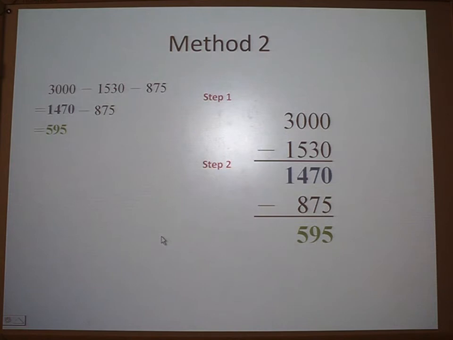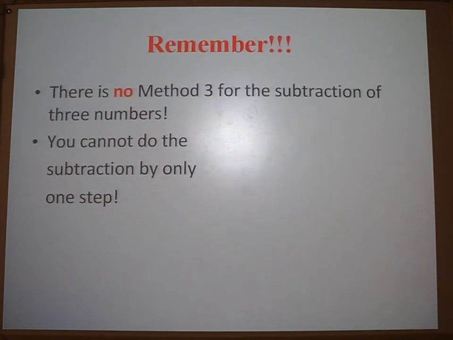So what about method 3? As you remember, there will be a method 3 for the addition of 3 numbers. But for subtraction, do we have method 3? Remember, there is no method 3 for subtraction of 3 numbers.